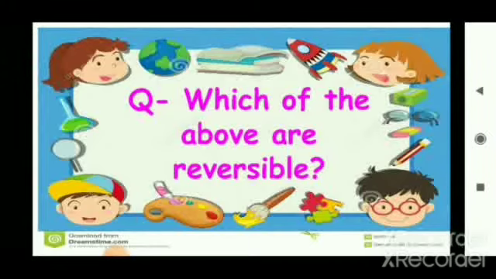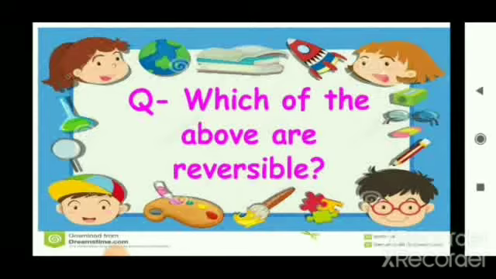Now the next question is, which of the above are reversible? Among the four examples we had taken, tearing of paper, sugar dissolved in water, stretching a rubber band, and filling air in a balloon, which process is reversible?